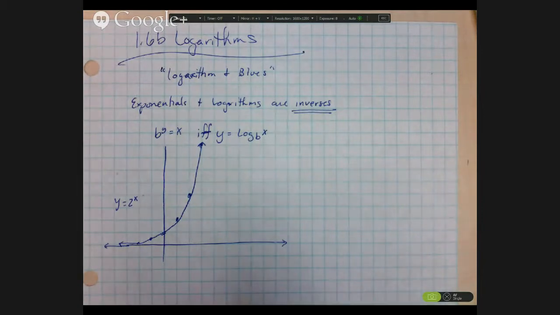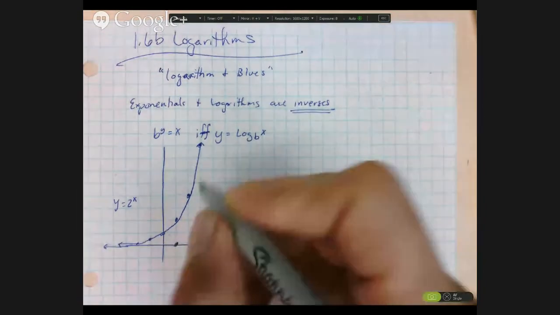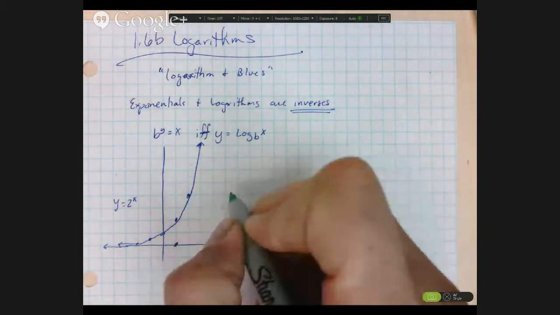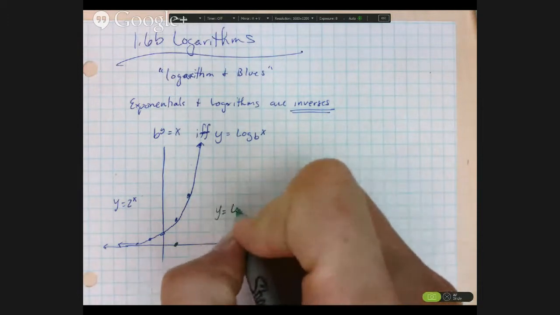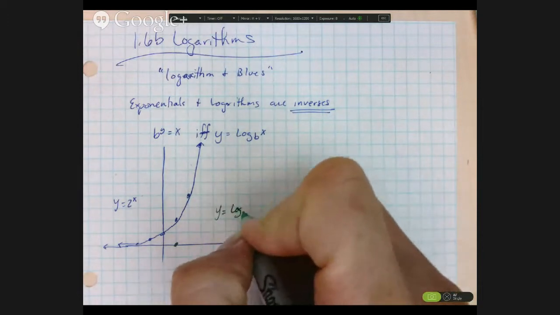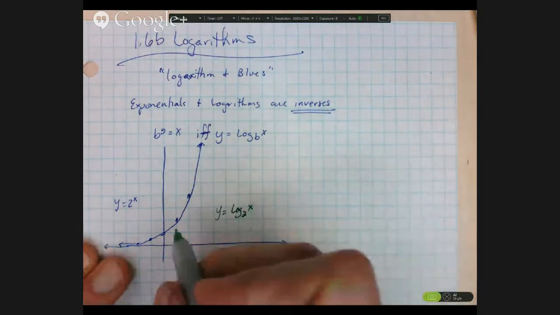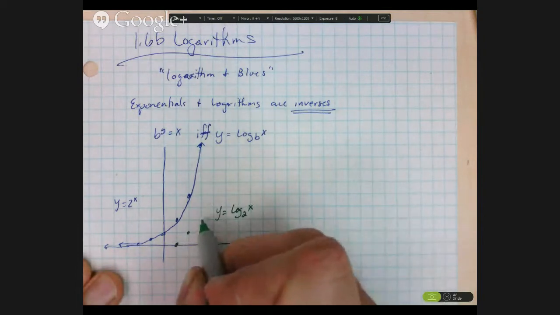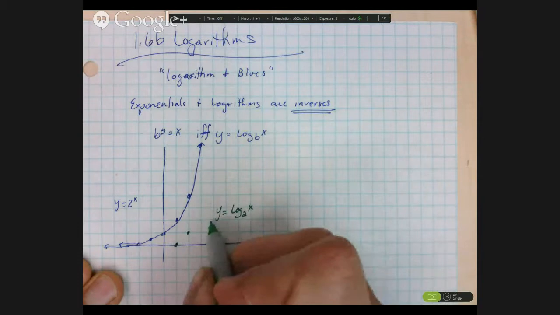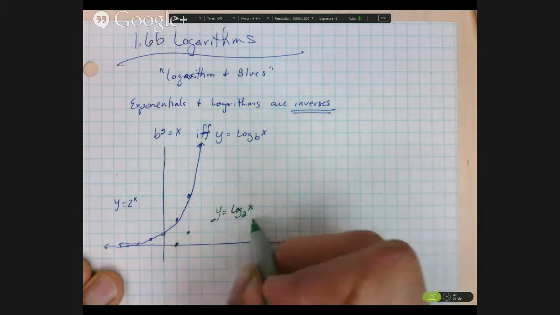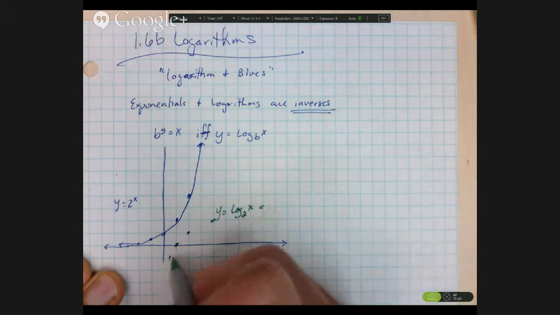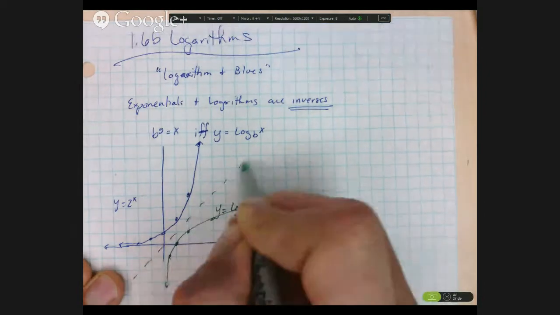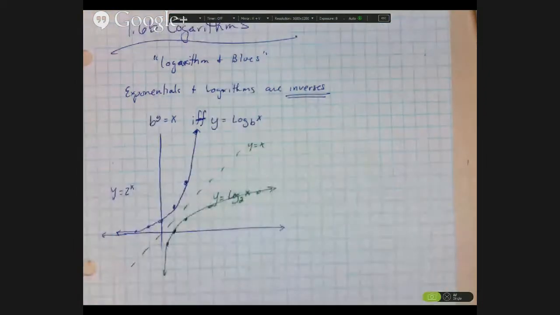Now if we graph y equals log base 2 of x, we're going to end up with a reflection over the line y equals x, which indicates that they are in fact inverses.